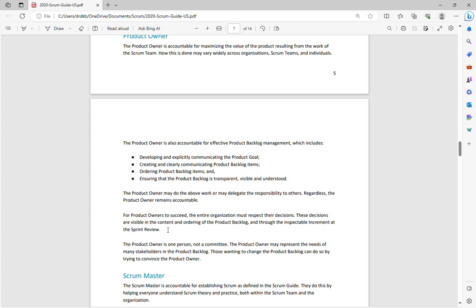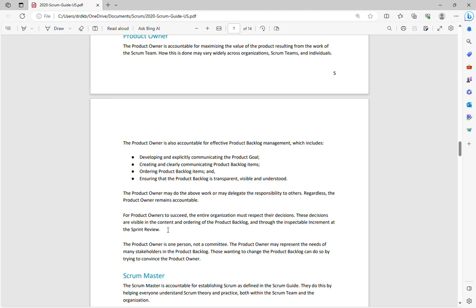The entire organization and the team must respect the choices made by the product owner, because the product owner is empowered with decision making authority over all aspects of the product, including the release schedule, budget, order of the backlog, architecture and technology. So for all these things, the product owner has the authority to make the decisions.